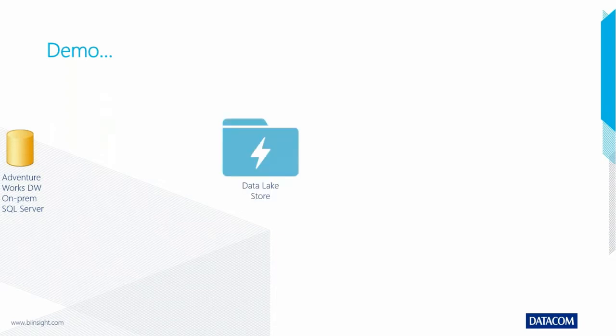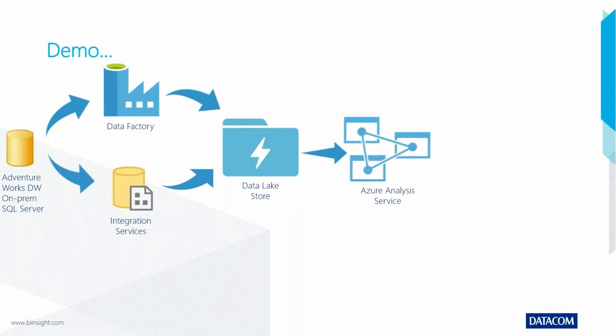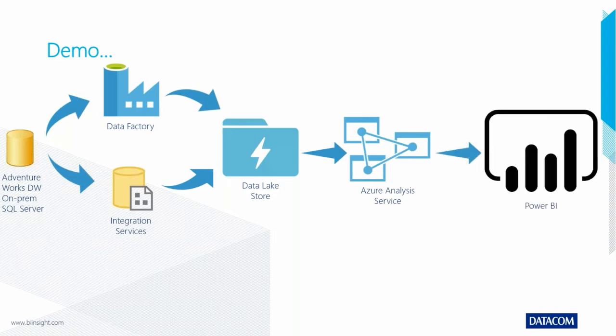In this demo, I will use two methods to load data from the AdventureWorks DW database from an on-premises instance of SQL Server, and then I will load it to Azure Data Lake using those two methods, which are Azure Data Factory and SQL Server Integration Services. The data will be stored as CSV files in Azure Data Lake Store.